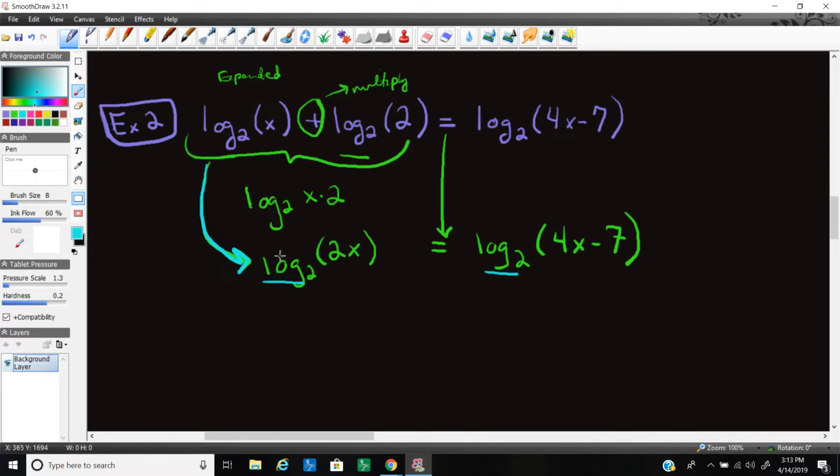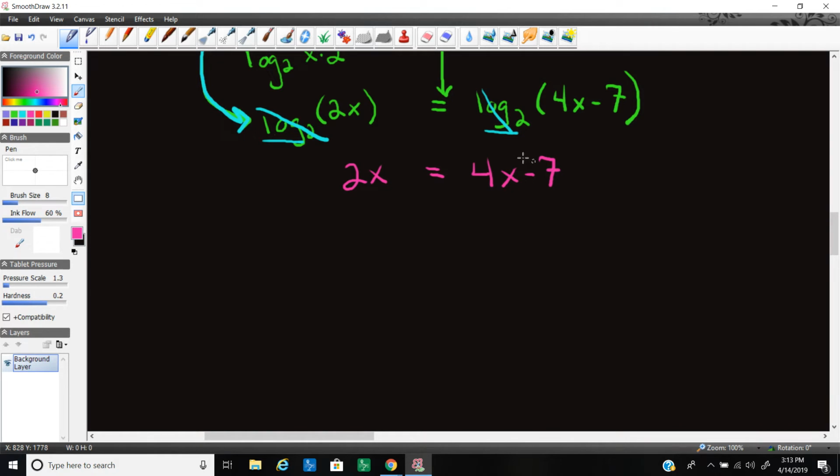So remember that if that happens, we can just cross them out and look at just the inside. So we are left with 2x is equal to 4x minus 7. Again, essentially whatever is on the inside of the parentheses. And we're just going to solve.